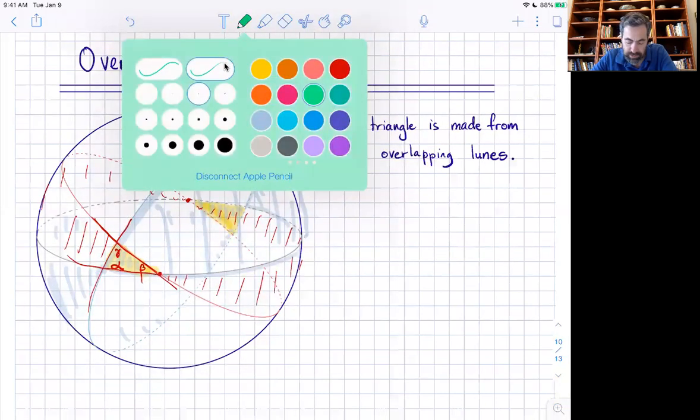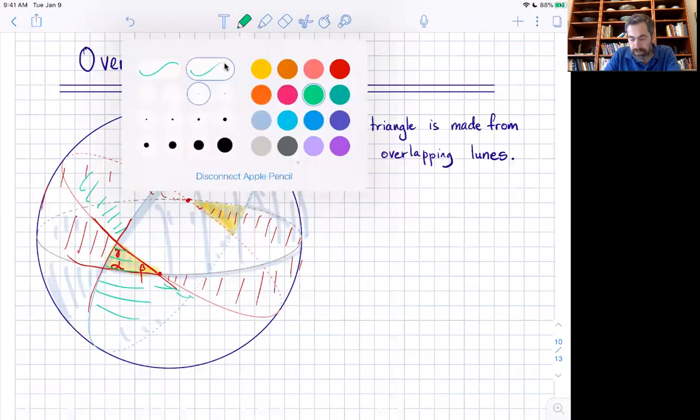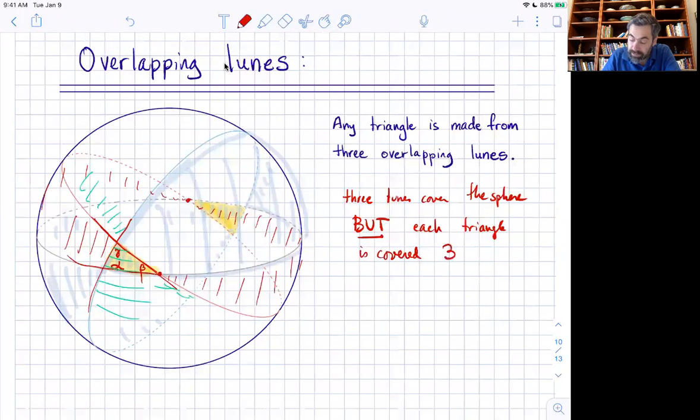So now there's a loon that does this, it goes around, and there's a loon that does that, it goes around. So that means that three loons cover the sphere, but each triangle is covered 3 times.